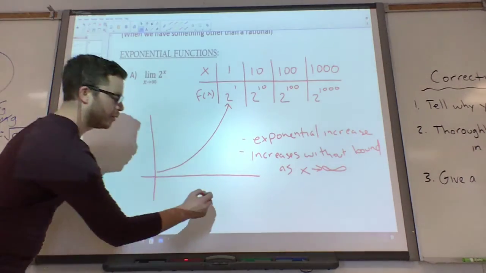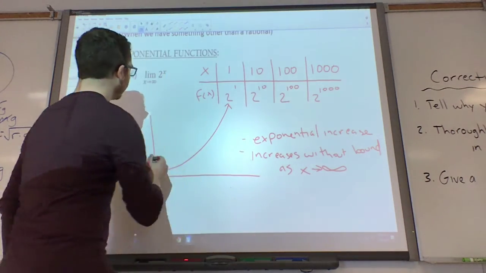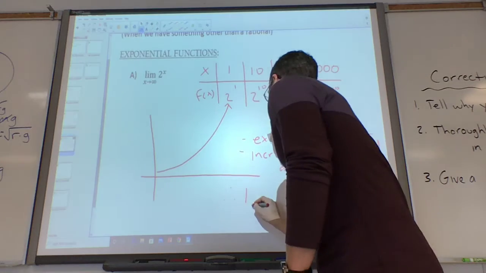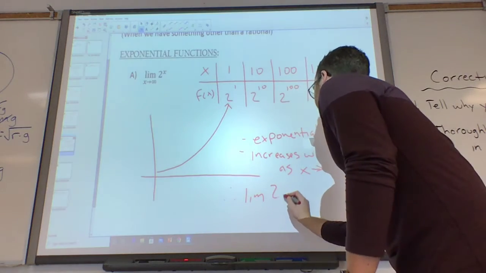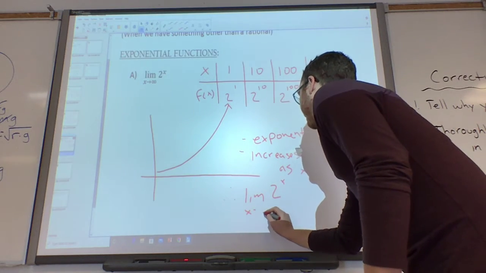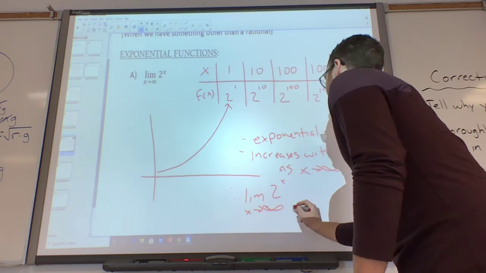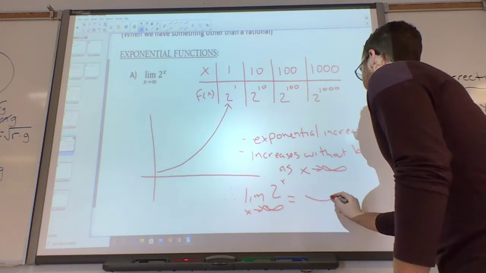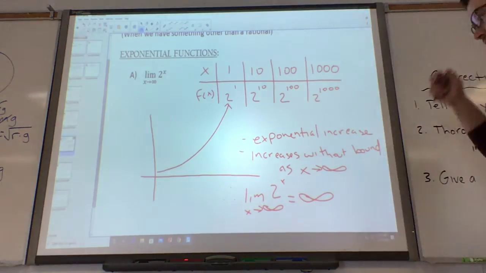So therefore, the limit of 2 to the x as x approaches infinity is equal to infinity.